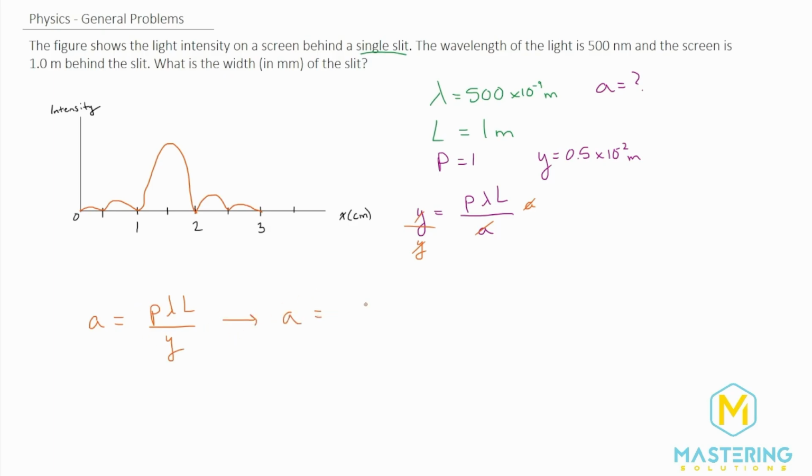So a is equal to p, which we said is 1. Lambda is 500 times 10 to the negative 9. And L, we said, is 1 meter. So really just 500 times 10 to the negative 9 meters over half of a centimeter, so 0.5 times 10 to the negative 2 meters.